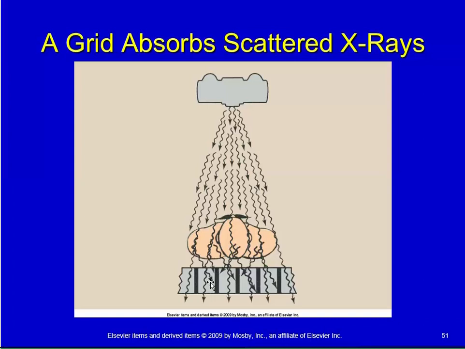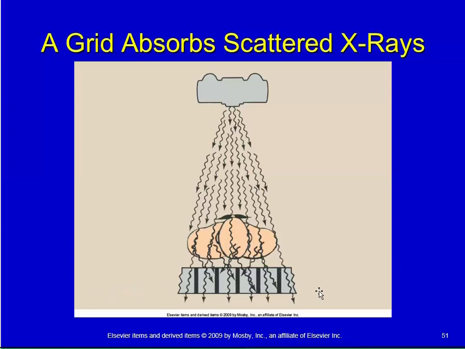Some grid strips use a less radiopaque material that's still radiopaque. What I mean by that is sometimes your manufacturers, instead of using something that's really radiolucent, they'll use something that is less radiolucent. Less radiopaque than the lead strips.